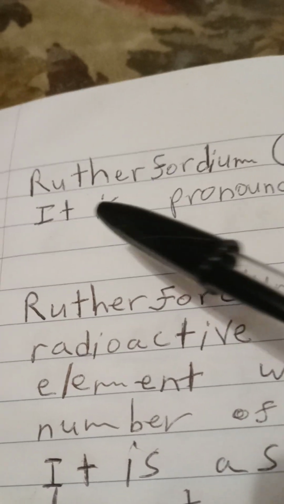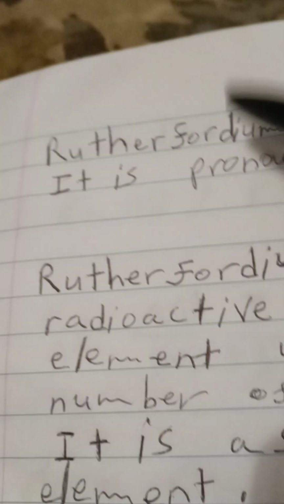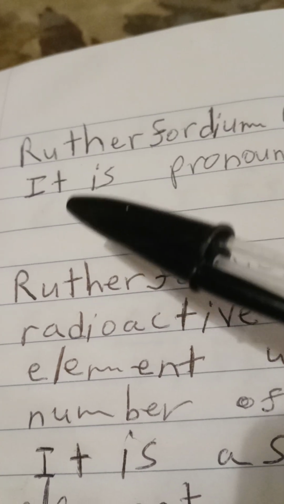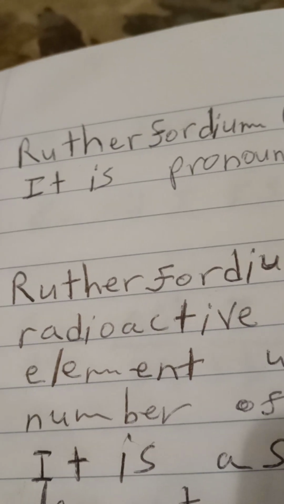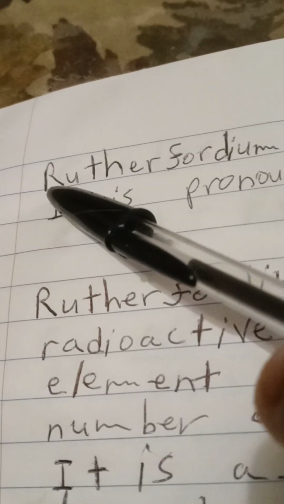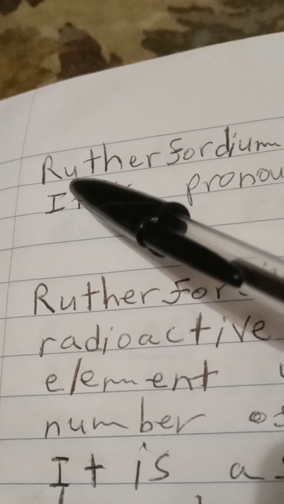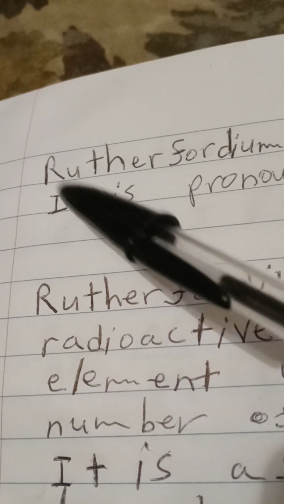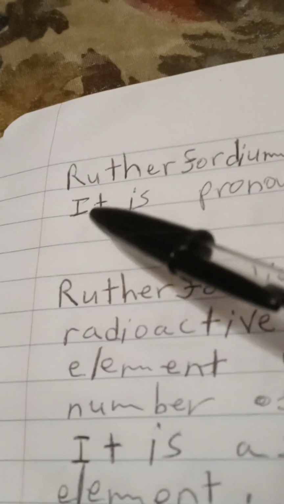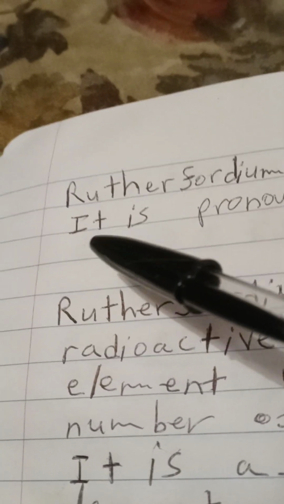Okay? The more American pronunciation. But if you want to pronounce it the other way, this is the difference right here. It's the capital R and a U. Whether it's Ru or not is up to the person who's pronouncing the word. But both ways are correct.